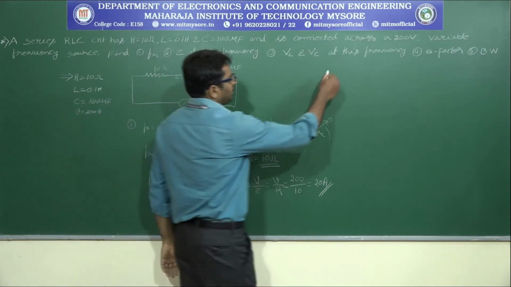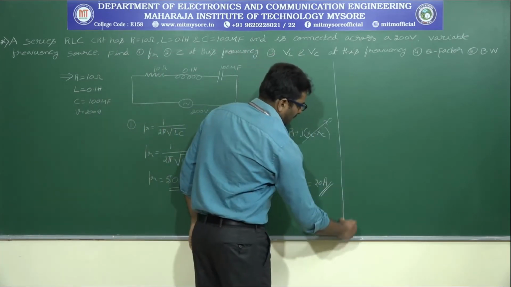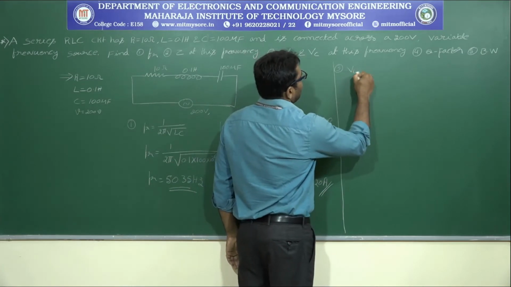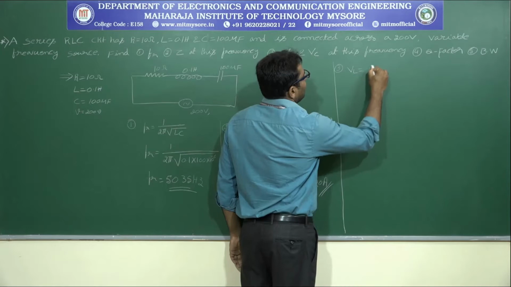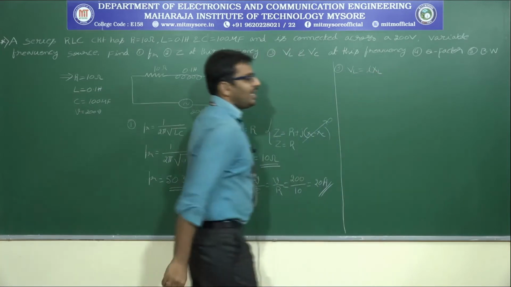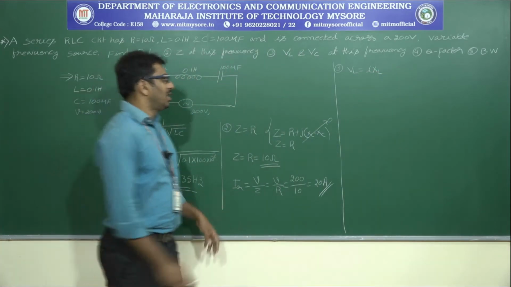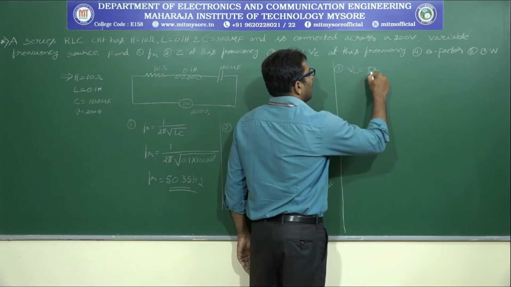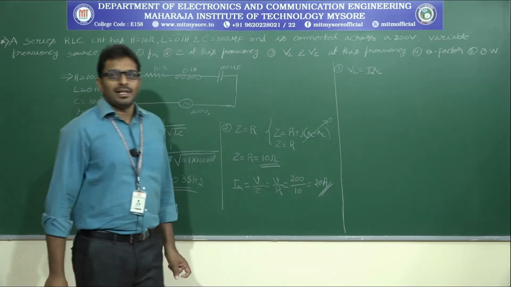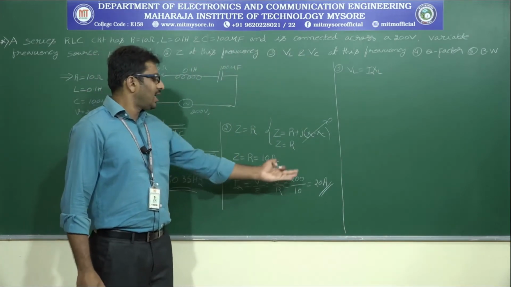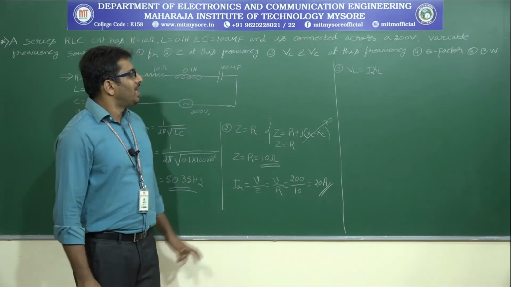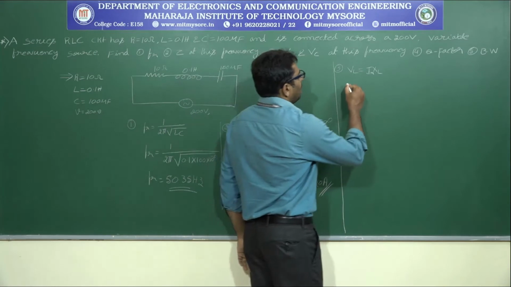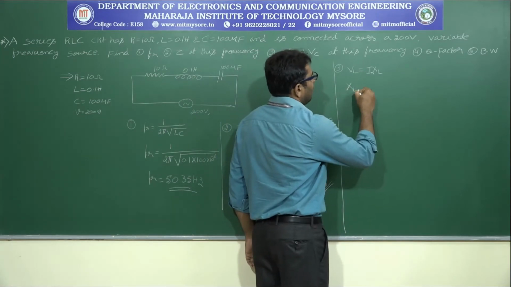So let me calculate VL. VL is equal to I into XL. I can replace this by IR, so resonant current into XL. We already calculated IR is equal to 20 ampere. So we need to calculate XL. What is the formula to calculate XL?